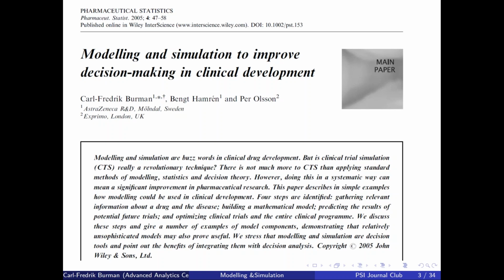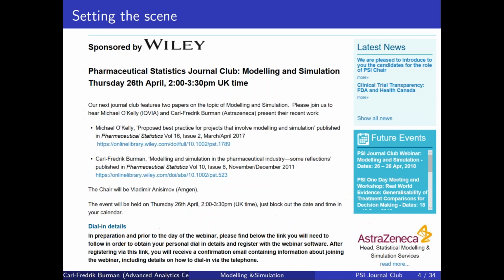What we're saying already in the abstract is that it's a bit of a go back to basics: there is not much more to modeling and simulation than applying standard old methods of modeling, statistics, and decision theory. However, doing this in a good way could give great benefits to the industry.